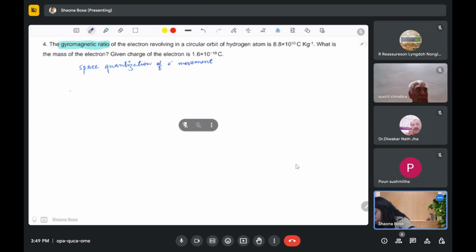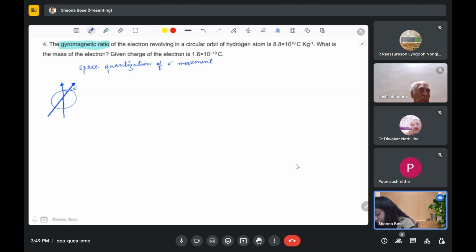Okay, so if you have an electron, this is an electron, and this is the angular momentum direction.